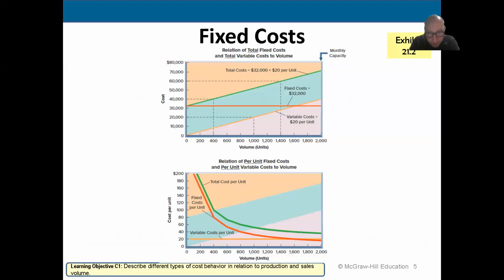On the bottom part of our slide, we can see the relationship between a cost per unit and the number of units produced. On a per unit basis, we see that the total cost per unit decreases with the more units I produce.